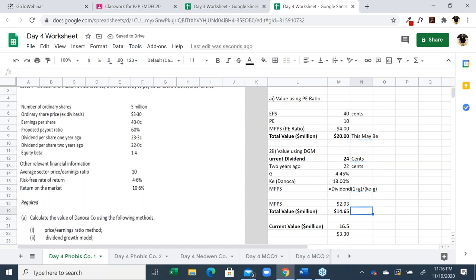Will this be a value for the Forbes company? Should the Forbes company expect the Denoka company to be selling it for 14.65 million? No. So it has a low significance.